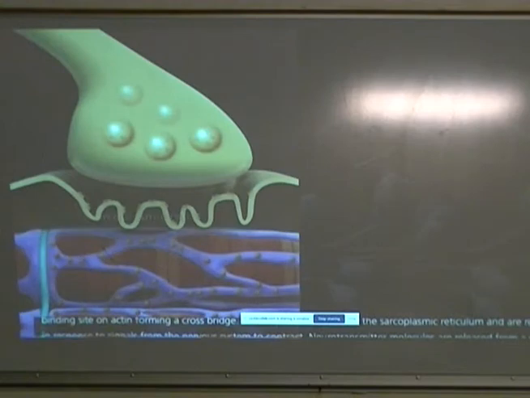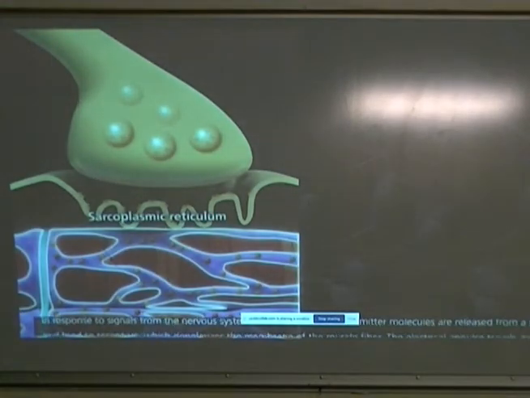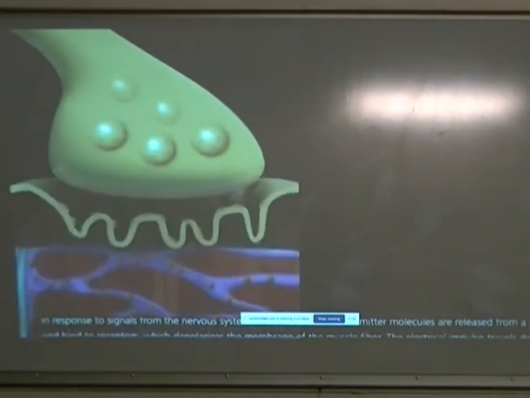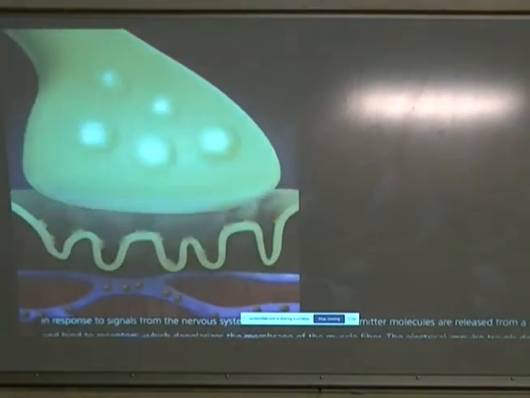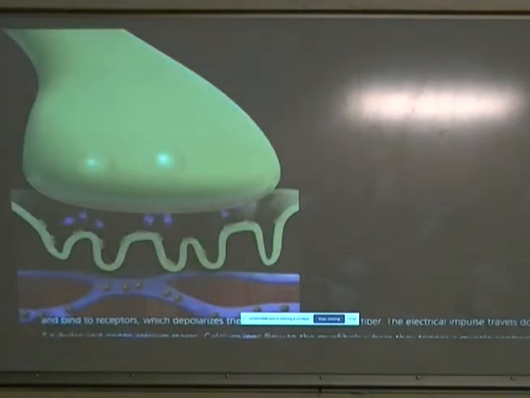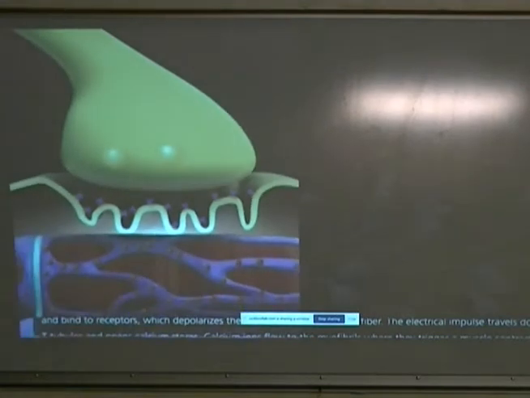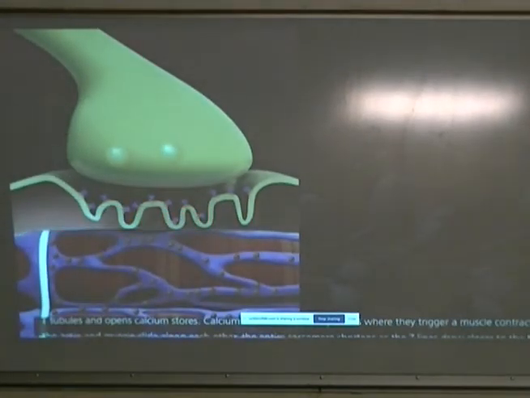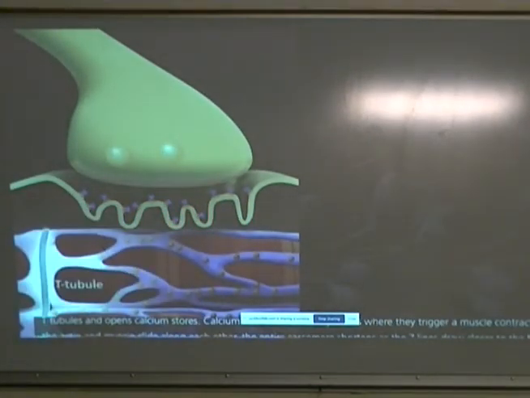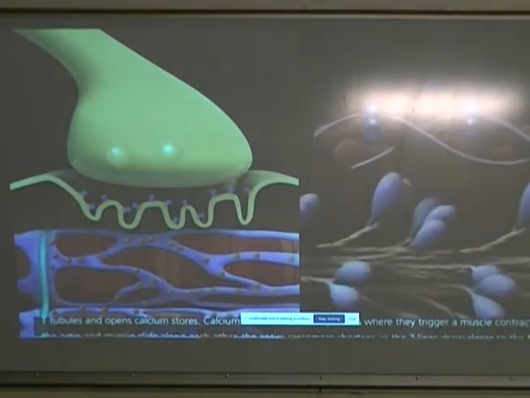Calcium ions are stored in the sarcoplasmic reticulum and are released in response to signals from the nervous system to contract. Neurotransmitter molecules are released from a neuron and bind to receptors, which depolarizes the membrane of the muscle fiber. The electrical impulse travels down the T tubules and opens calcium stores.